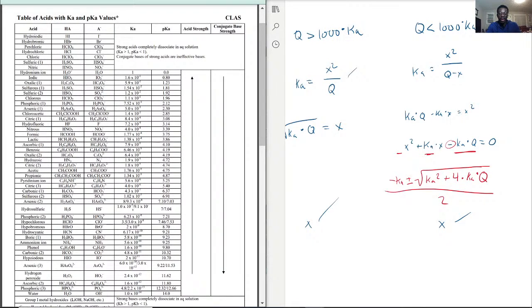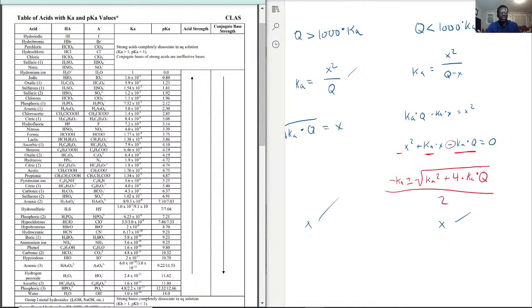Because we want to have the positive number, we're going to keep that positive and subtract the Ka, so it'll be minus 8.4 times 10 to the negative 4. Okay, and then we divide that by 2. We get an x value of 0.014.